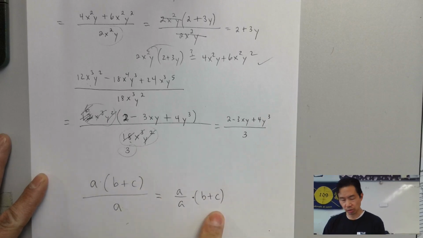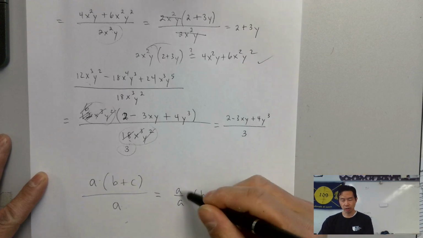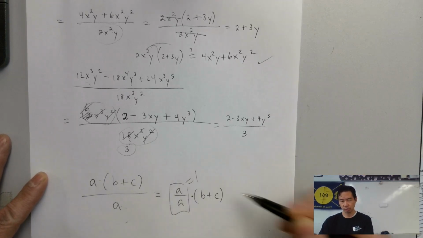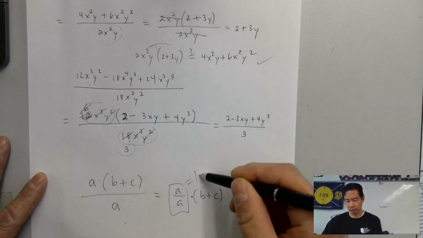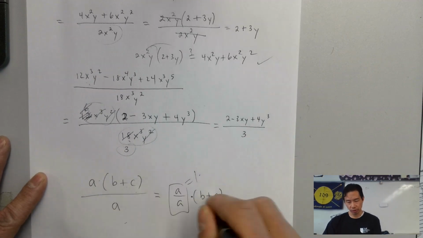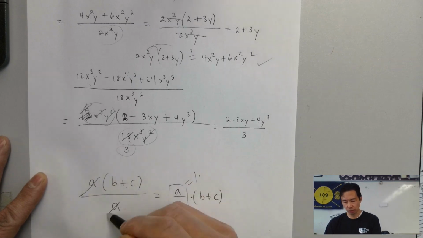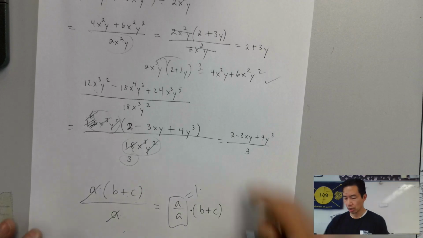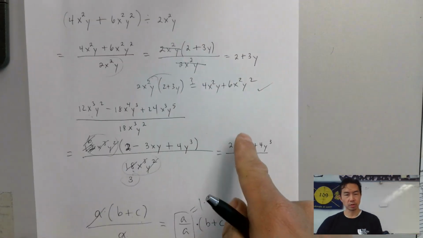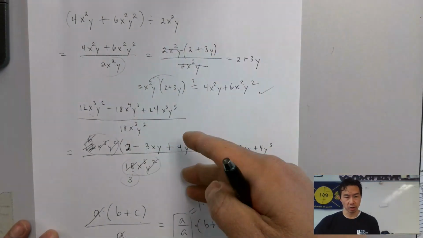I can rewrite this like this. And here it's clear why you can cancel the A's, because this is equal to 1. Okay? But if you understand that, you don't have to write this step. You can just cancel the A's directly. Okay? So those are your two examples of taking a polynomial and dividing by a monomial.